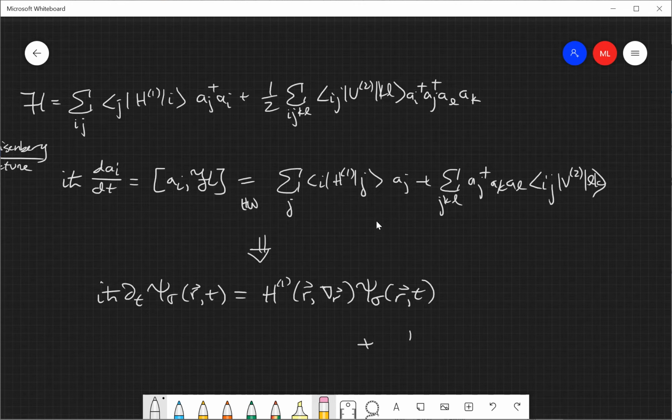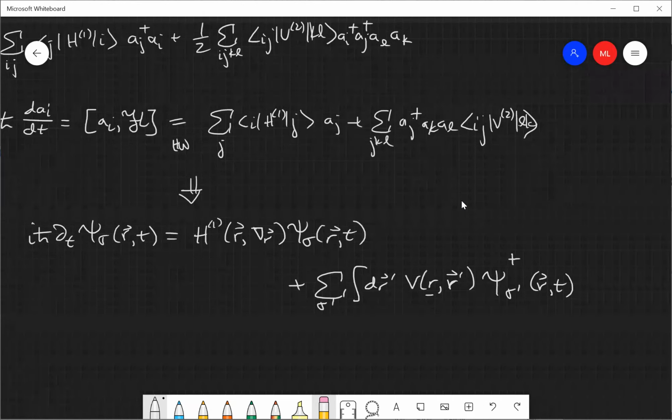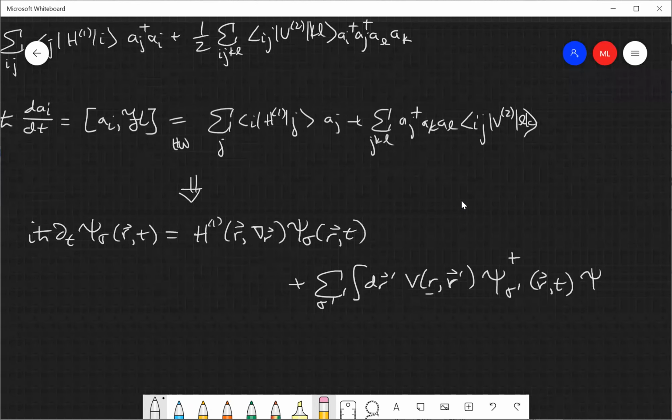And then you'll get another term, which again, if it's diagonal in position space, will look like this. There'll be a pair interaction between two places r and r prime, and you'll have psi dagger sigma prime r prime, t, times psi sigma prime r prime, t.